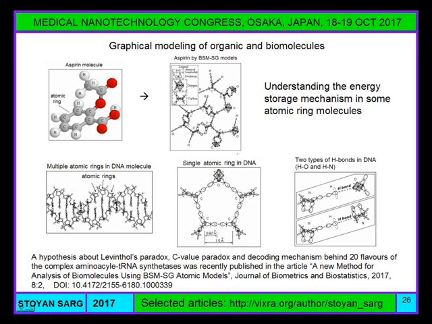In a recently published article in a peer-reviewed journal of biometrics and biostatistics, a few hypotheses are discussed about the Levinthal paradox, the C-value paradox in DNA, and the decoding mechanism behind the 20 flavors of the aminoacyl tRNA synthetases.